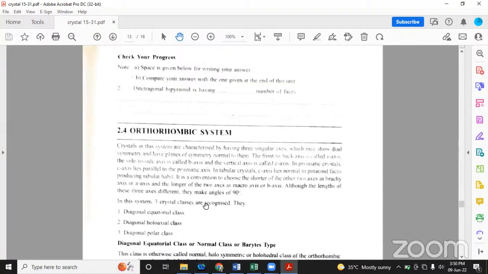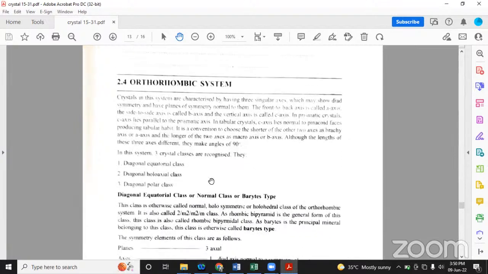Come to the orthorhombic system. The orthorhombic system was not discussed earlier. It is a crystal system oriented in such a way that the B axis is greater than the A axis.